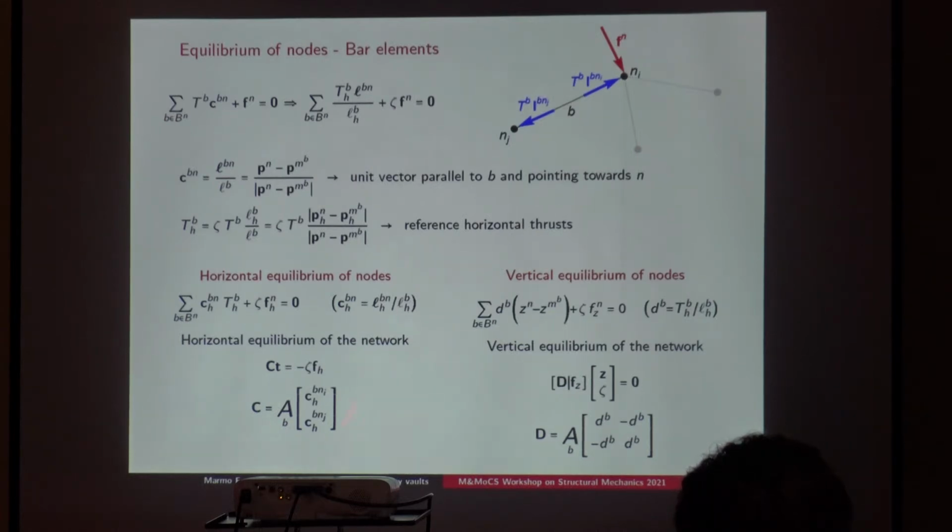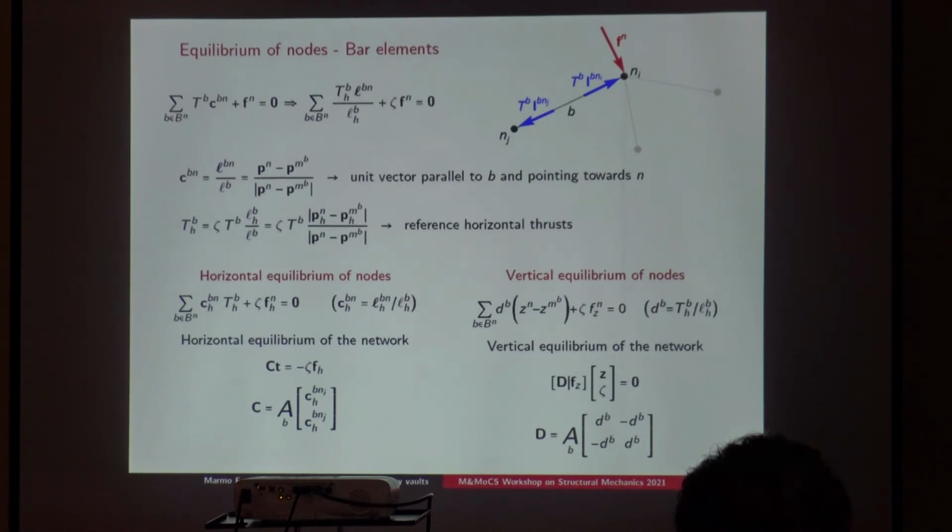And so written in matrix form, you have these two sets of equations, where zeta is considered as an unknown in the second set of equations. With only vertical loads, this simplifies and you can solve it for just the thrust values here.